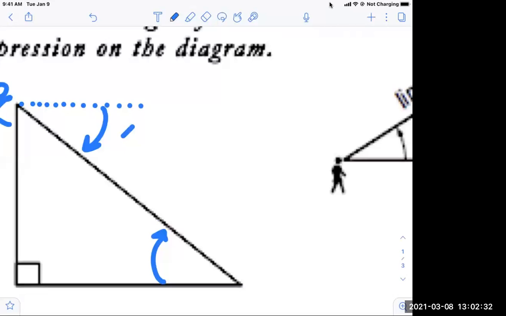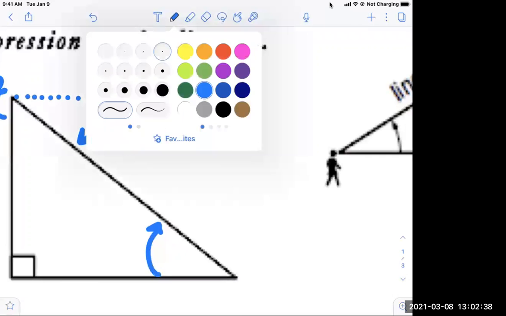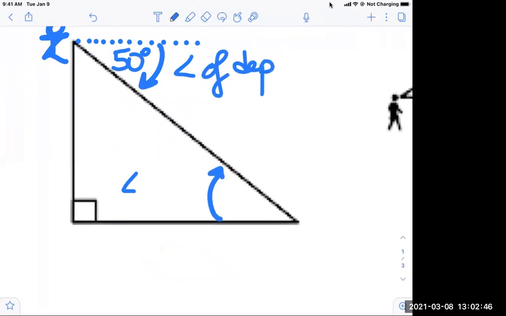So this is the angle of depression, and it said 50, I think, right? So that would be a 50-degree angle of depression. It has to be congruent to the angle of elevation. So this would also be a 50-degree angle, but that's not an angle of depression, that's angle of elevation.